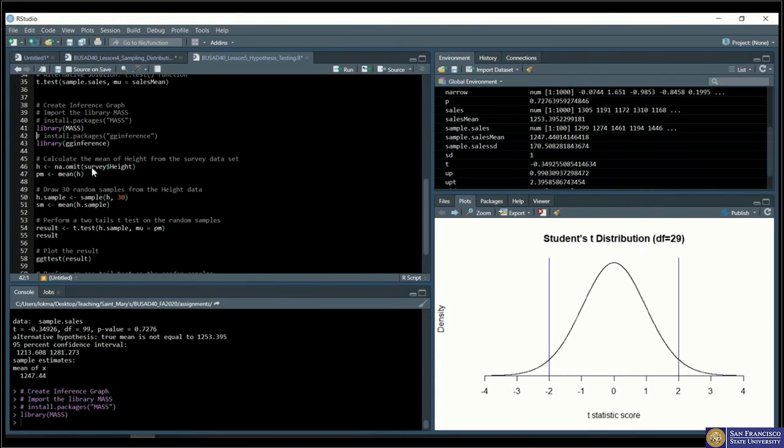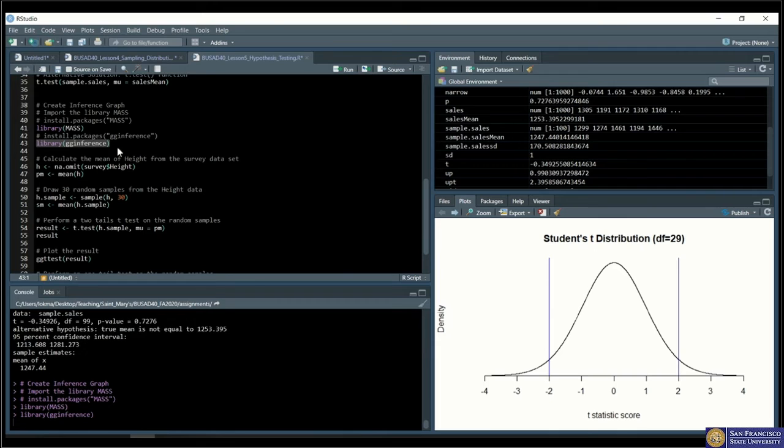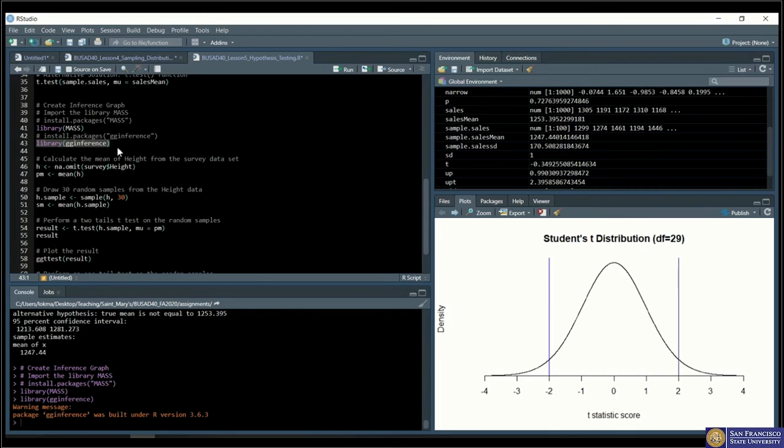Today we are going to use a specific data set called survey. And to add a very nice hypothesis testing graph in your study, you can import a package called ggInference. So I'm going to import that too. All right, so let's see what we can do.